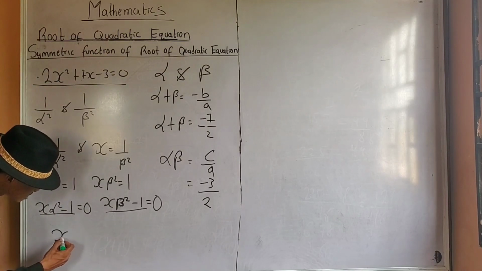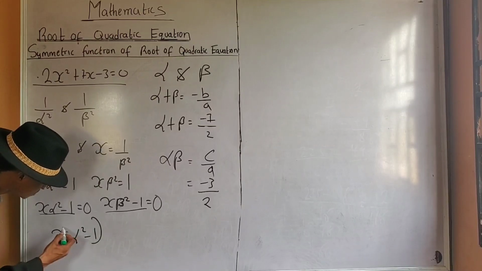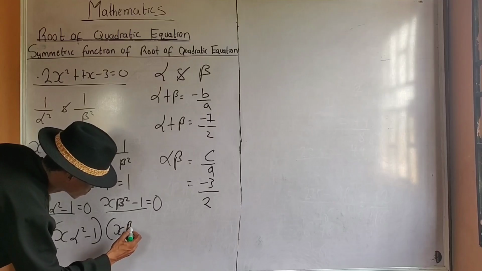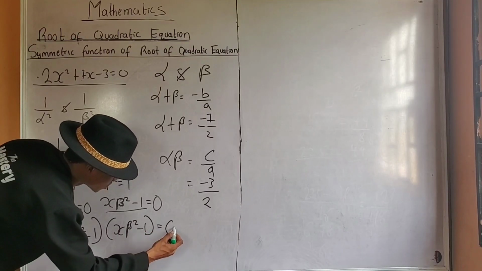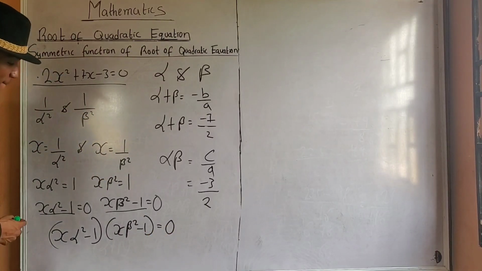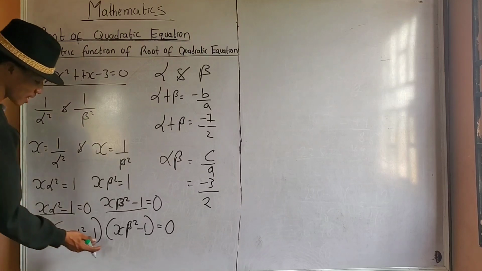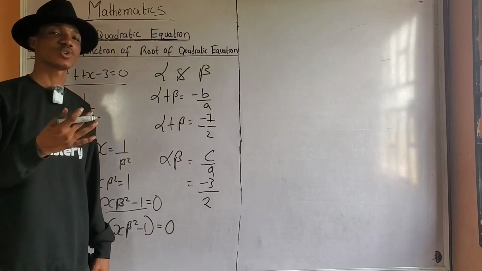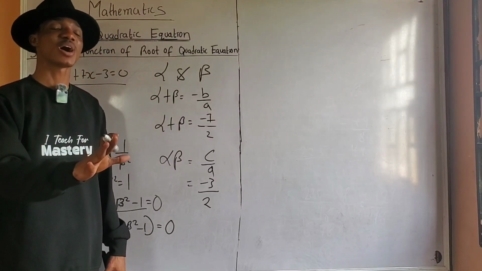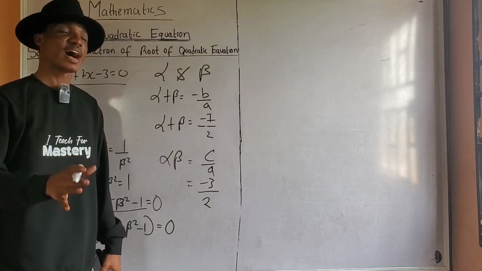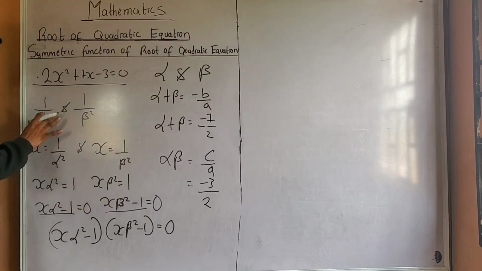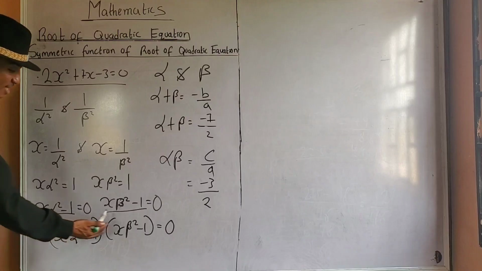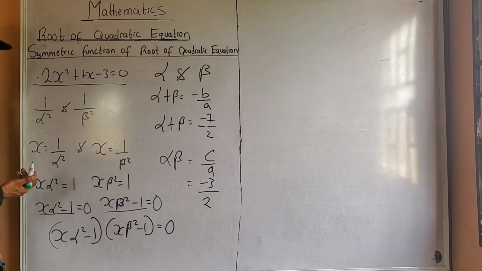I'm going to have x alpha squared minus 1 multiplied by x beta squared minus 1 equals 0. When you take the product of the factors of a polynomial equation, you're going to have the polynomial equation itself. Is that not it? And since our goal is to find the equation whose roots are the inverse of alpha squared and the inverse of beta squared, taking the product of these factors will give me the quadratic equation, right?